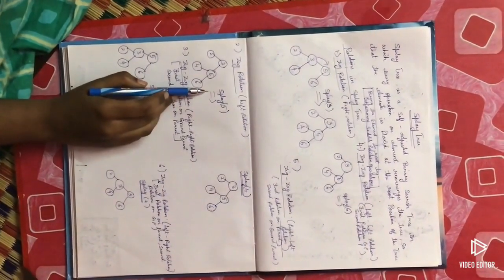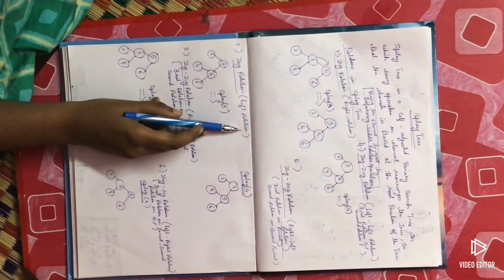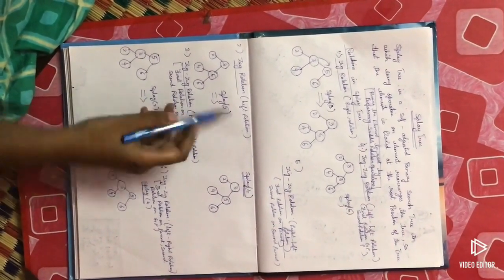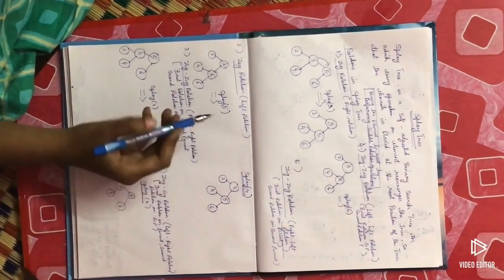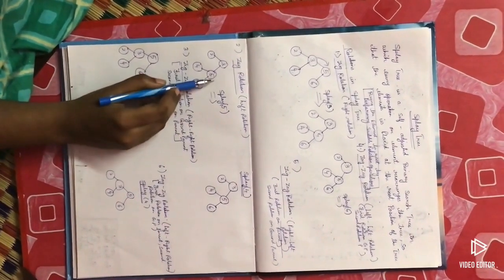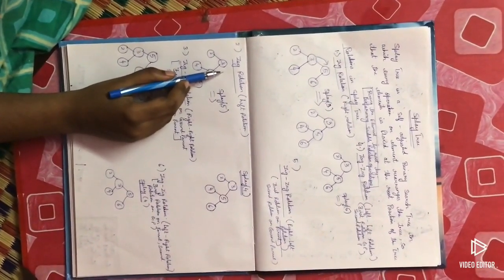The next rotation is zag rotation. Zag means left rotation. We have to rotate the element with a left rotation to bring it to the root. Here I am going to display the element 5. 5 should be rotated to the left so that it can go to the root element.